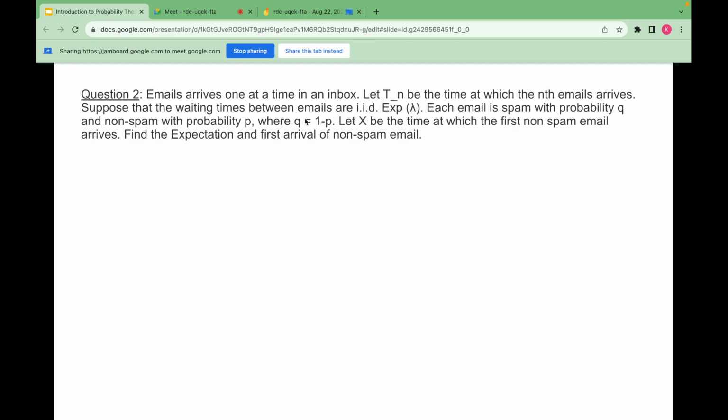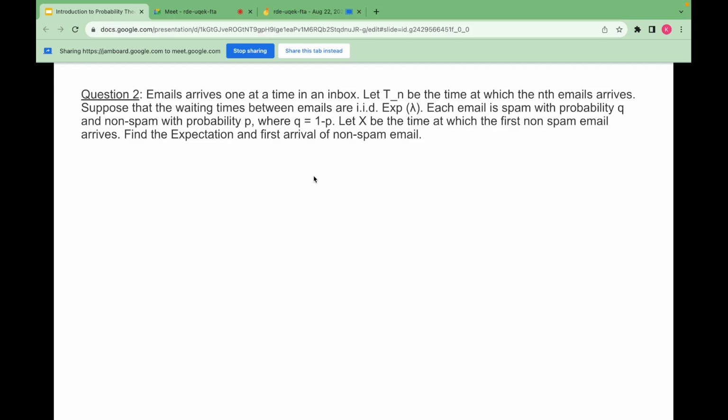So with this statement we can conclude that the arrival of emails is a Poisson process. Now, each email is spam with probability q and non-spam with probability p, and p plus q is 1. So we have a Poisson distribution with parameter lambda.